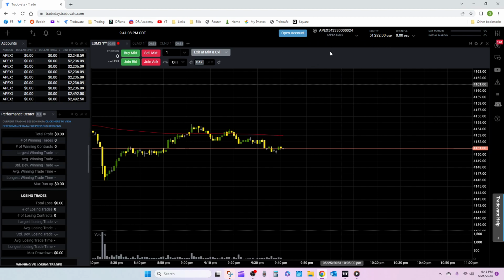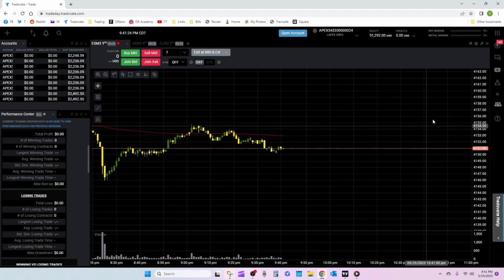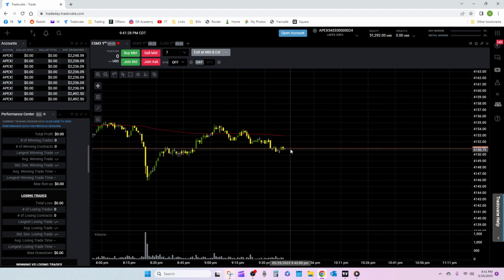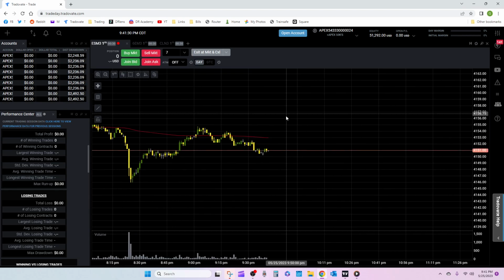When you go to buy, since I'm using 7 accounts, your total contracts has to be in here. So I need 7 in here. It's only going to show a 1 over here, but it's copied. So when you do anything to that 1, you're doing it to those 7, and I'll show you in a second. So let's just say I bought right here and I'm looking to go long.